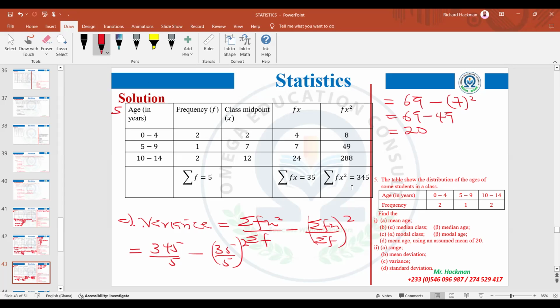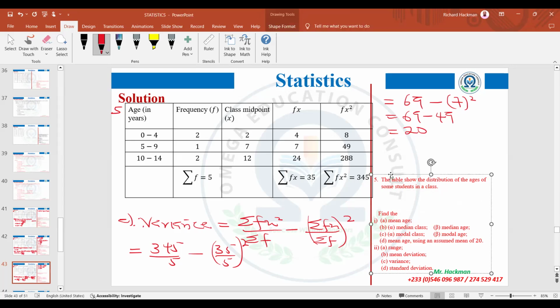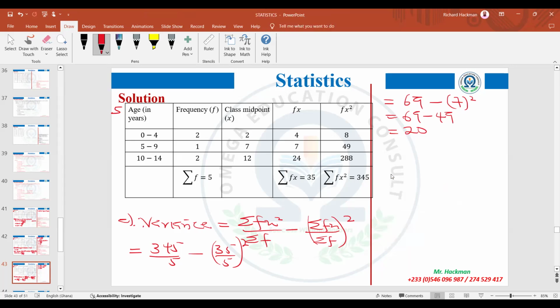Okay, and for the standard deviation, I'm going to clear this. Then we will do the standard deviation there, then we are done. The standard deviation will be equal to the root of the variance. I'm using this because if you have done the variance, then you quote it this way.